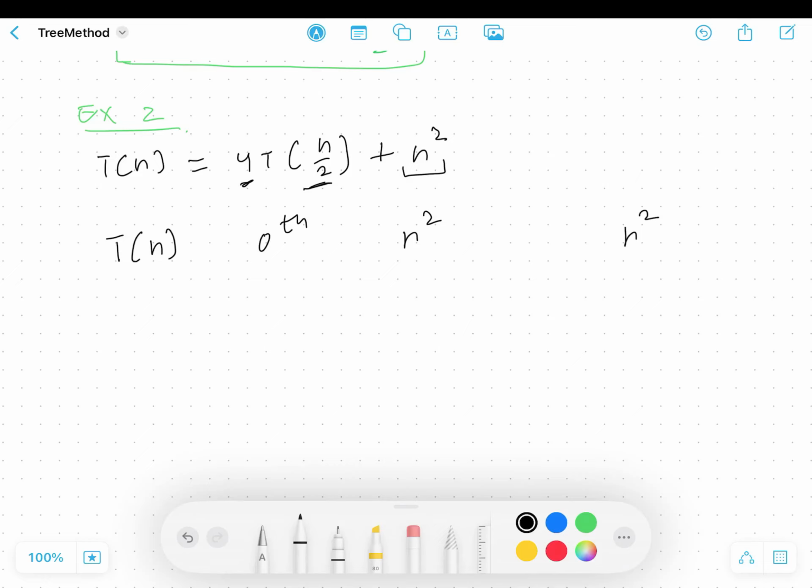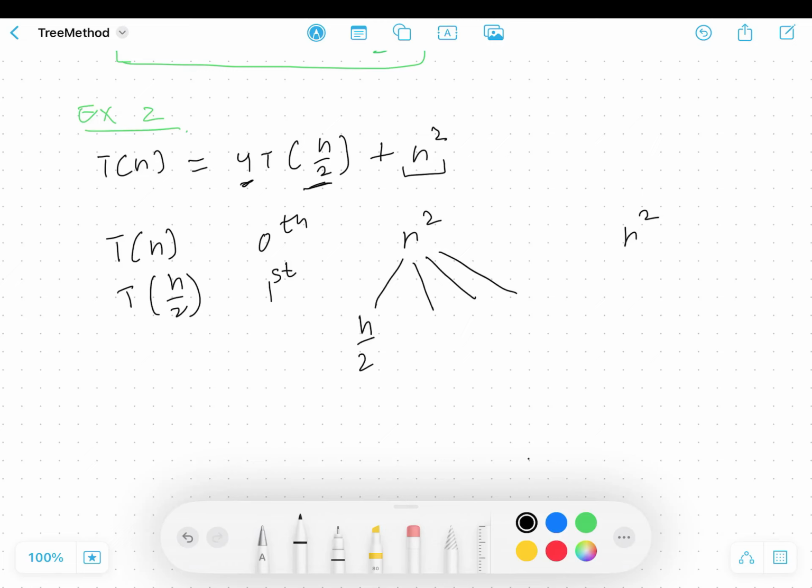Now, when we go on to the next level, we are going to divide the problem size by 2. This is our first level, and this will be 1, 2, 3, and 4.